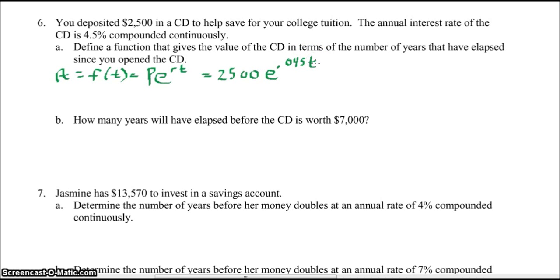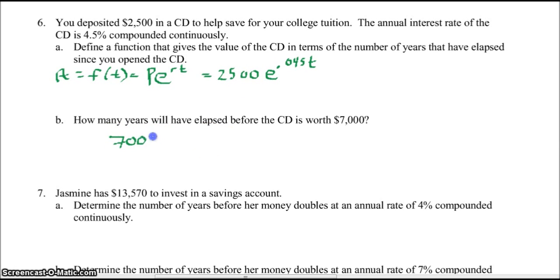So there's our function, 2,500 e^(0.045t), where t is the number of years since you deposited the money, A is the future value of our CD, and P is the present value of the CD, which is fixed, 2,500.